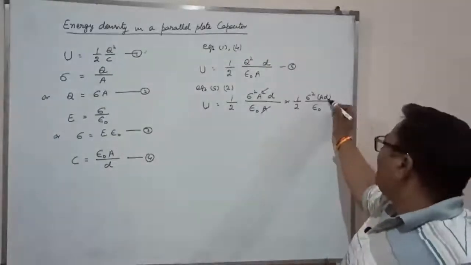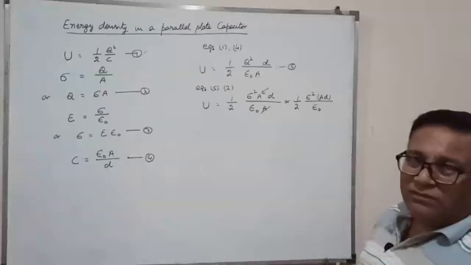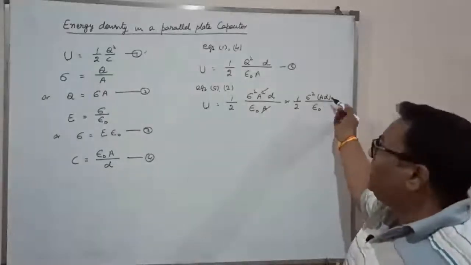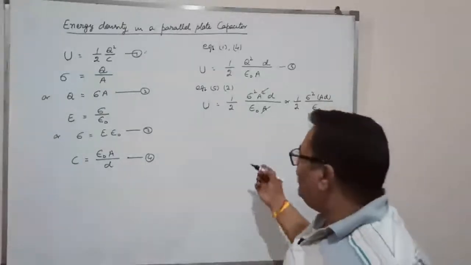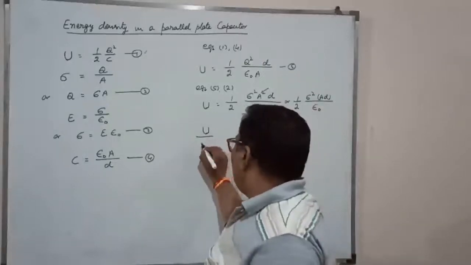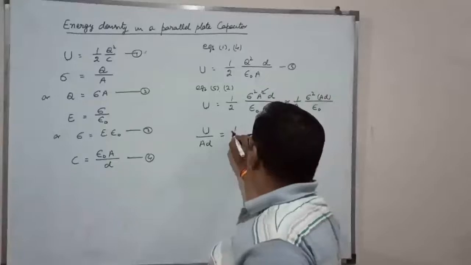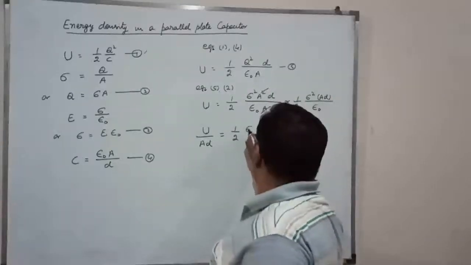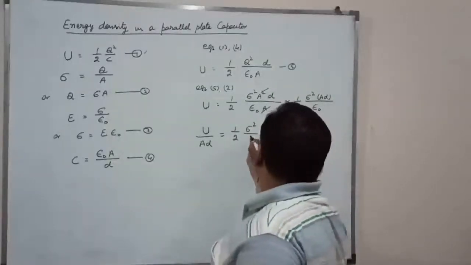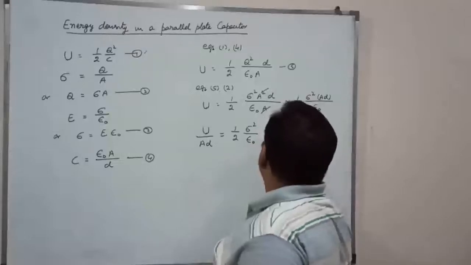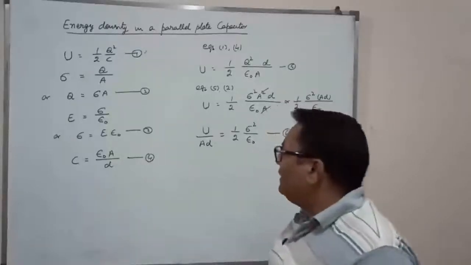A d is the volume of the capacitor, A the area of the plate and d the distance between the plates. U upon A d is equal to half sigma square upon epsilon naught. This is equation 6.